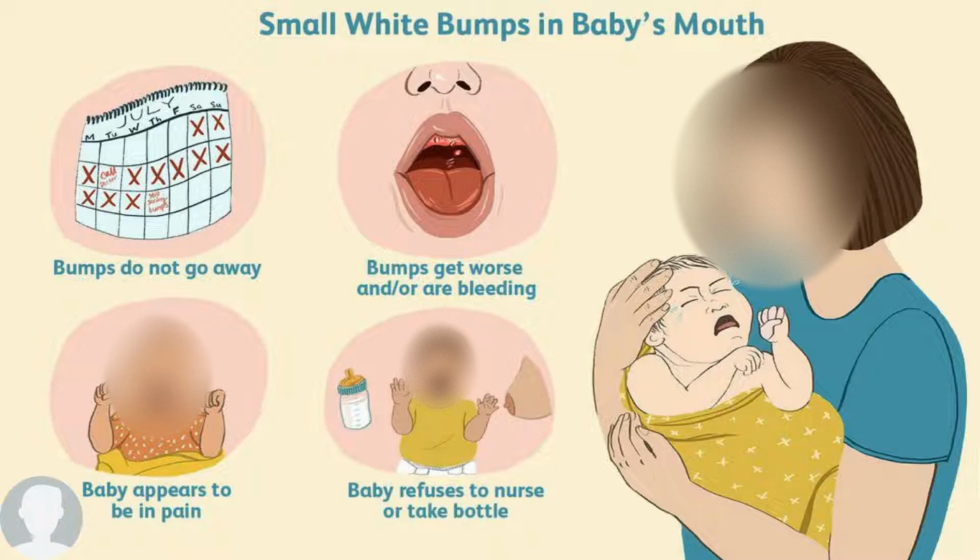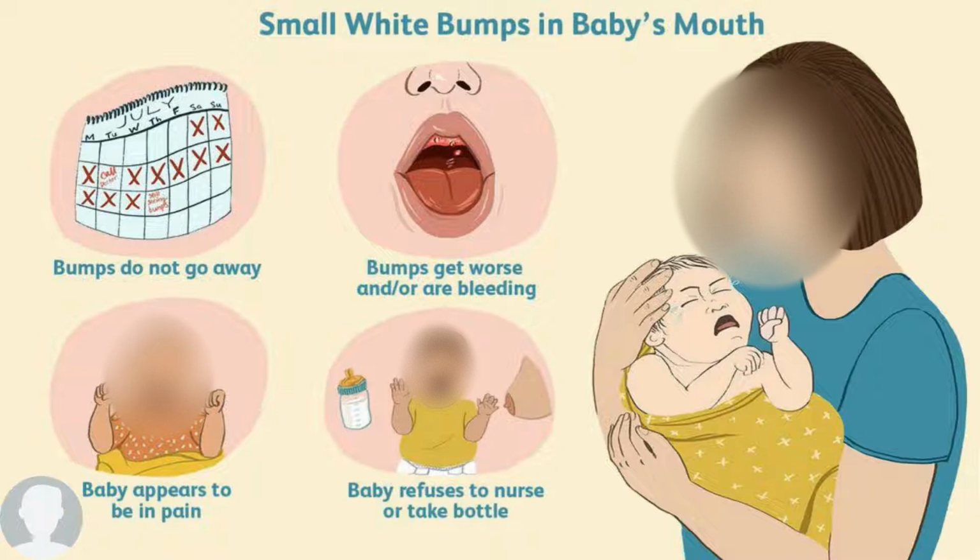Second, when the bumps get worse, or we might have bleeding, like they are bleeding just like an ulcer. An ulcer normally should disappear within 7 to 10 days. But if it did not disappear within 7 to 10 days, this is a concern for us because it may be linked to cancer. A bleeding ulcer is not a good thing. An ulcer should never bleed because if it bleeds, it may be related to cancer as well.